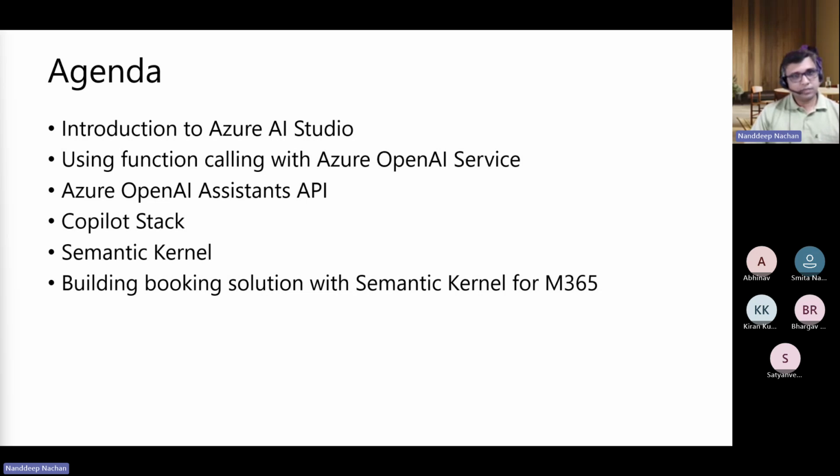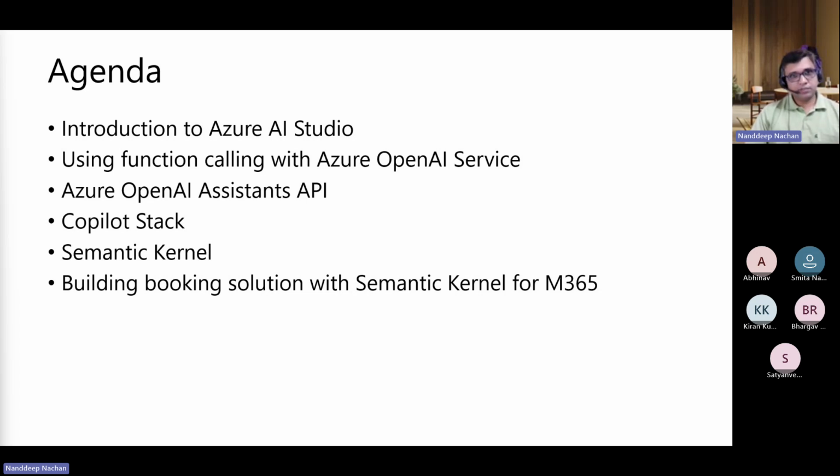Then we will slowly move towards the actual topic of today, which is the Copilot stack. There we will understand how the Copilot has been stacked and how we will be able to build on top of that so that we can build AI powered solutions for Microsoft 365 as well as in general.